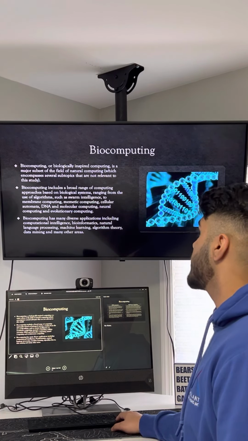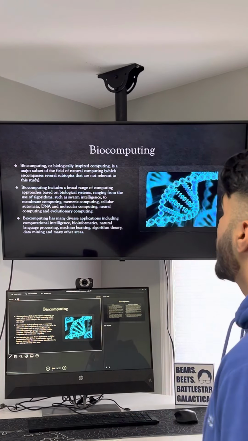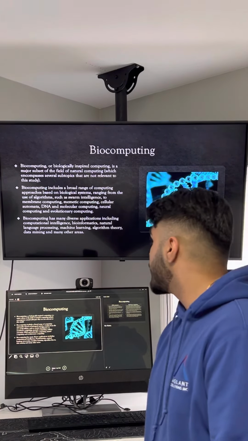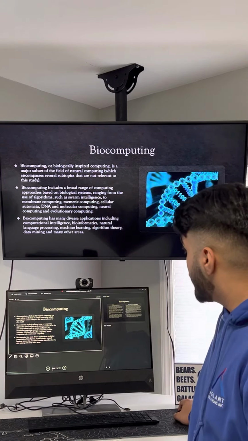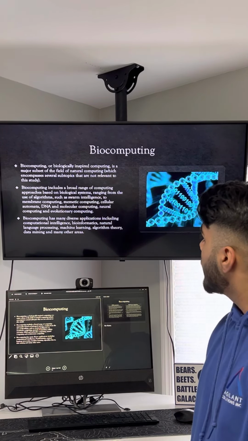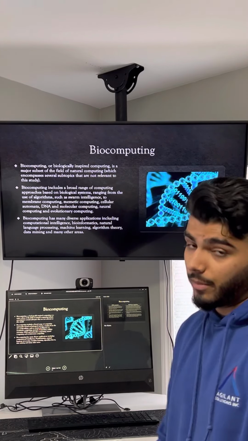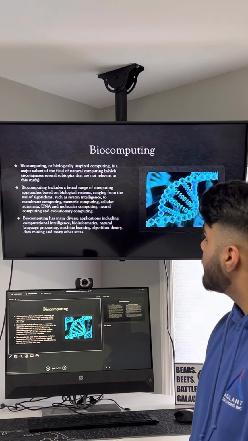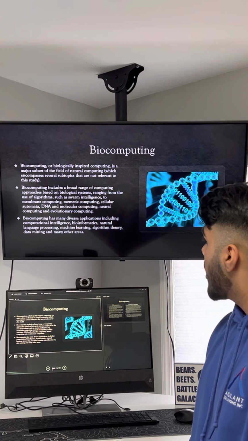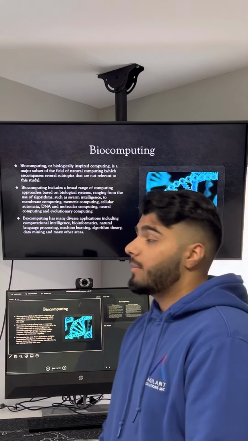Biocomputing includes a broad range of computing approaches based on biological systems, ranging from the use of algorithms such as swarm intelligence to membrane computing, memetic computing, cellular automata, DNA and molecular computing, neural computing, and evolutionary computing. Biocomputing has many diverse applications, including computational intelligence, bioinformatics, natural language processing, machine learning, algorithm theory, data mining, and many other areas.